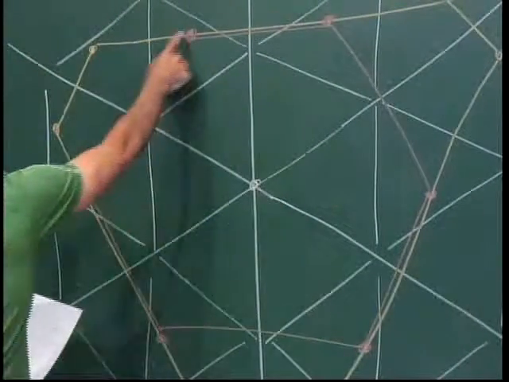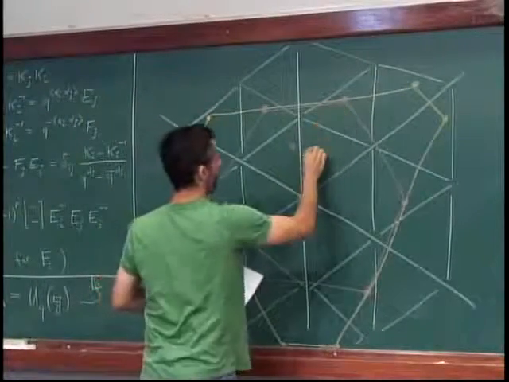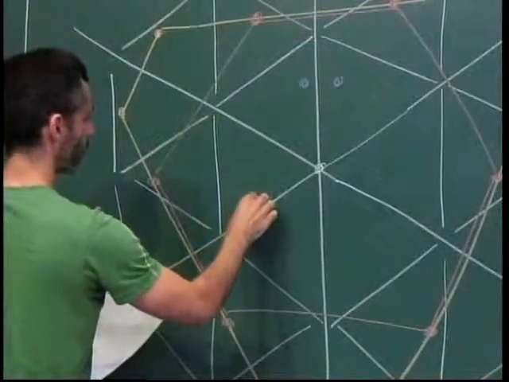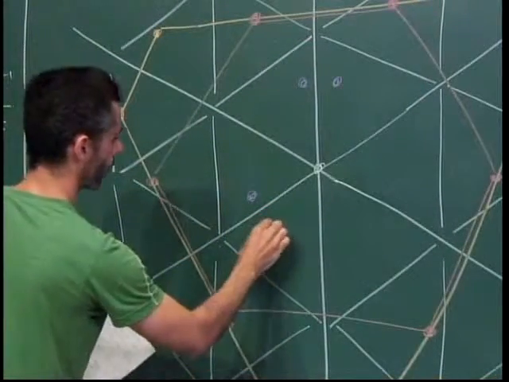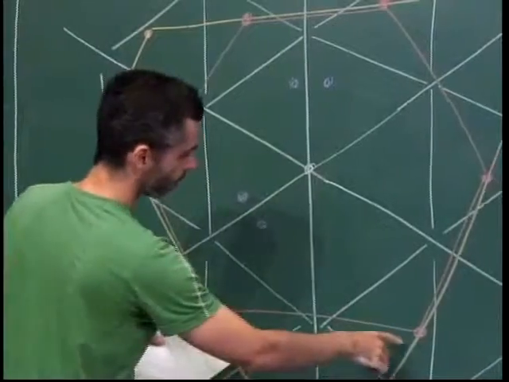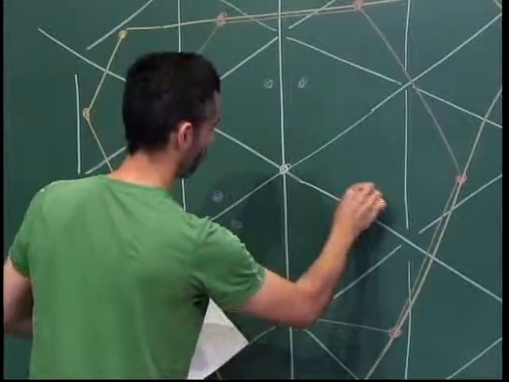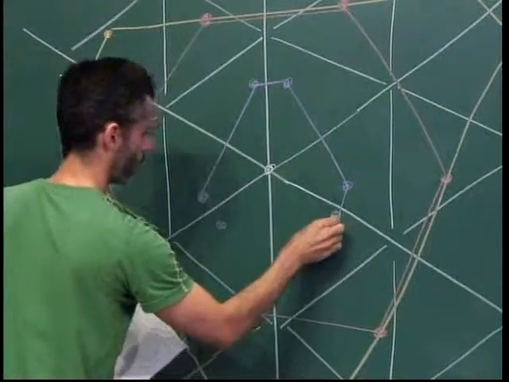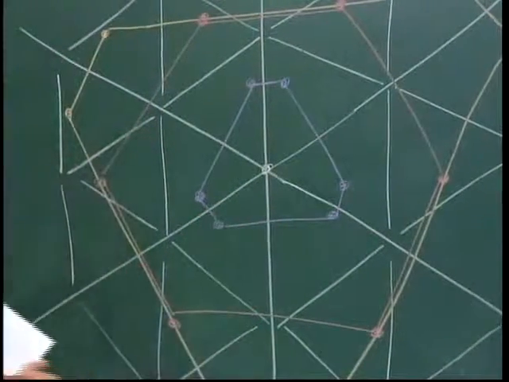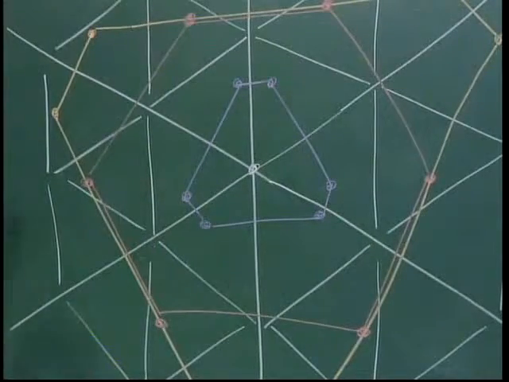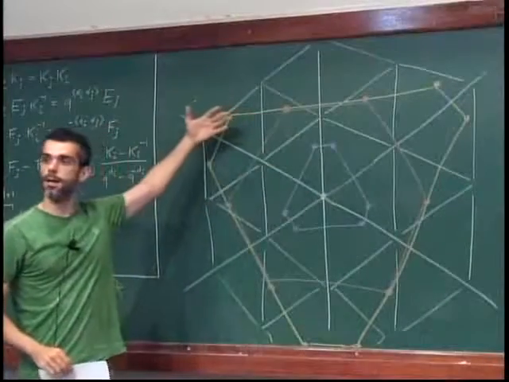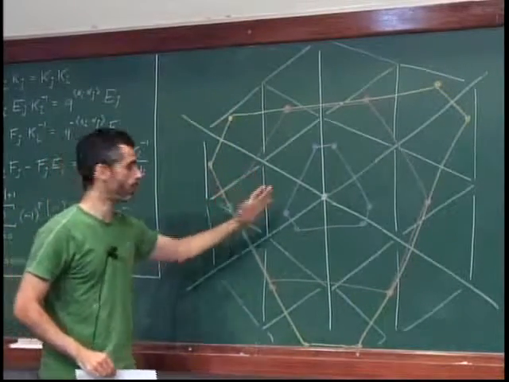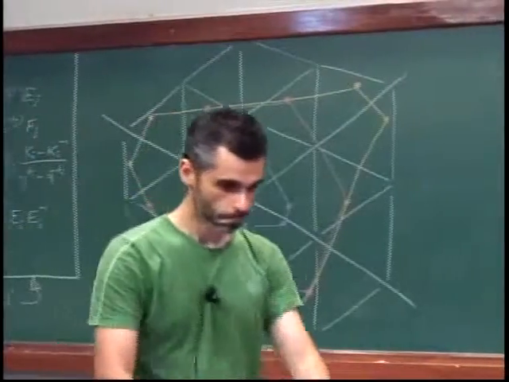And then I can also do a reflection along this. Okay, so in this example, the orange Weyl module, the big one, has a sub-Weyl module, which is this red one, and then there's a further sub-Weyl module, which is this purple one.